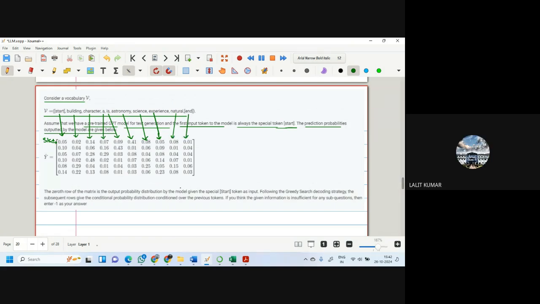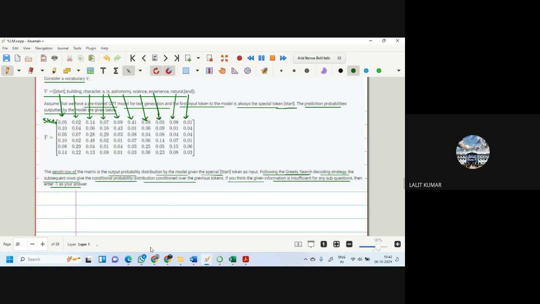So this is timestamp 1. The zeroth row of the matrix is the output probability distribution by the model given the special start token as input. Following the greedy search decoding strategy, the subsequent rows give the conditional probability distribution. If you think the given information is insufficient, then okay. So we go to question number 1.